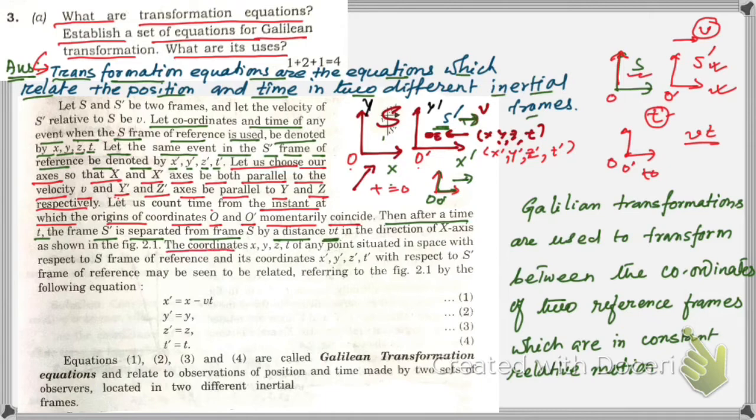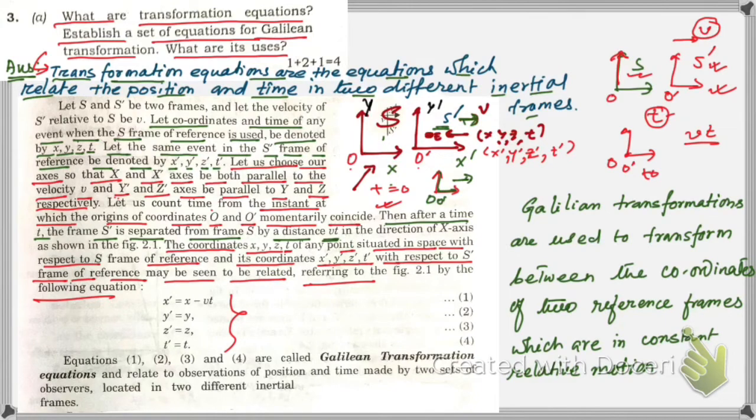The coordinates x, y, z, t of any point situated in space with respect to the S frame of reference, and its coordinates x dash, y dash, z dash, t dash with respect to the S dash frame of reference, may be seen to be related, referring to the above figure, by the following equations, and these are the Galilean transformation equations, right?